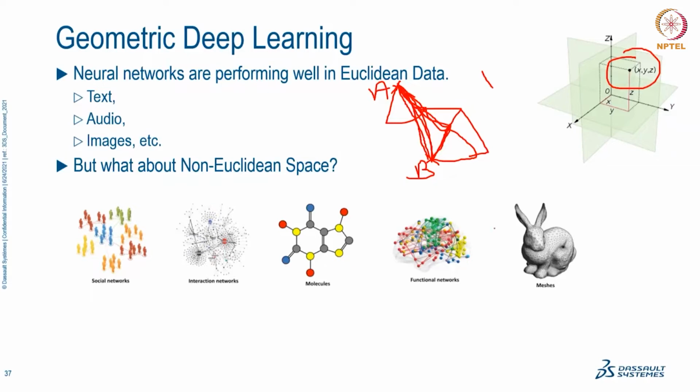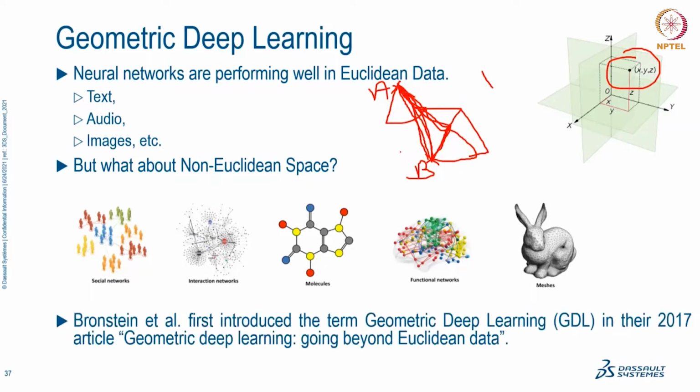And this is the main reason why we cannot directly use the algorithms based on Euclidean data. We have to convert it somehow. Now, geometric deep learning is not one particular algorithm. Michael Bronstein, in 2017, I guess, coined this term geometric deep learning in his literature review paper.